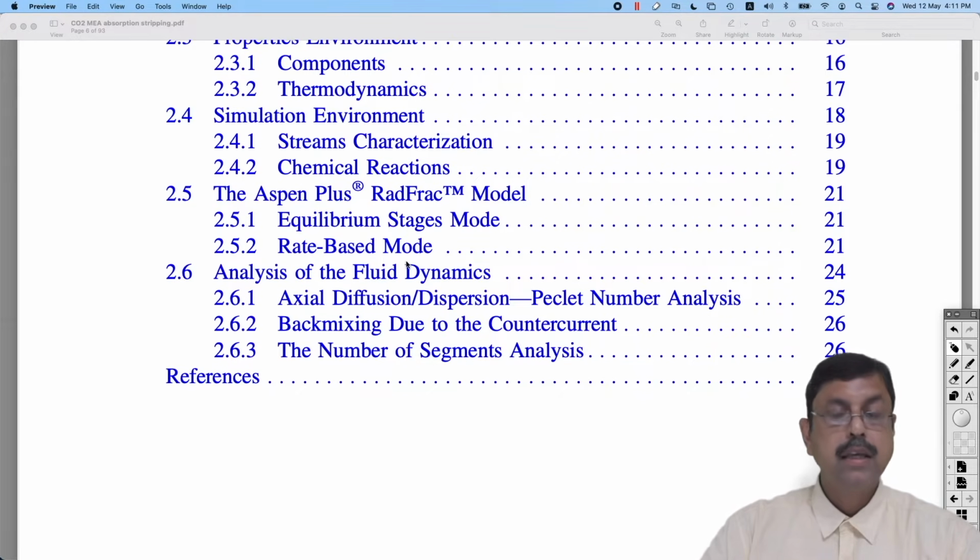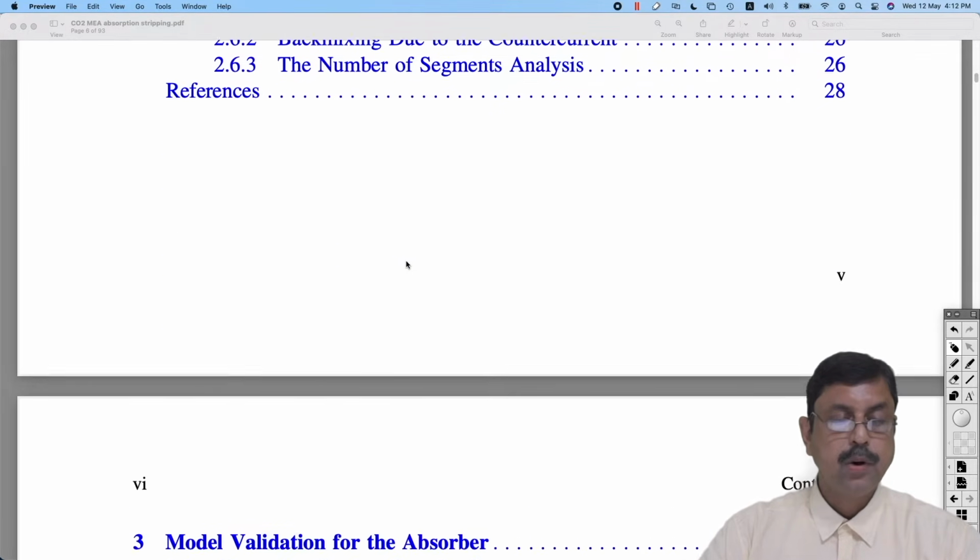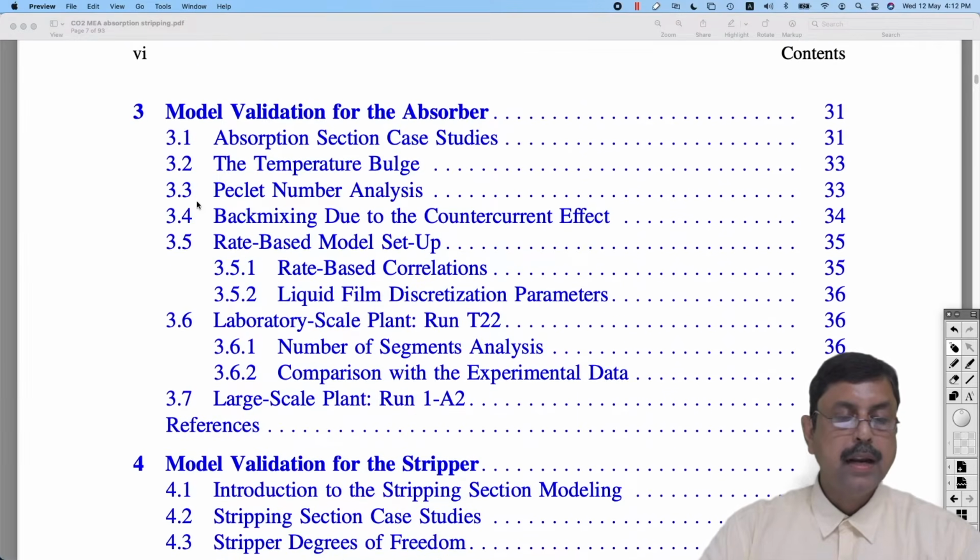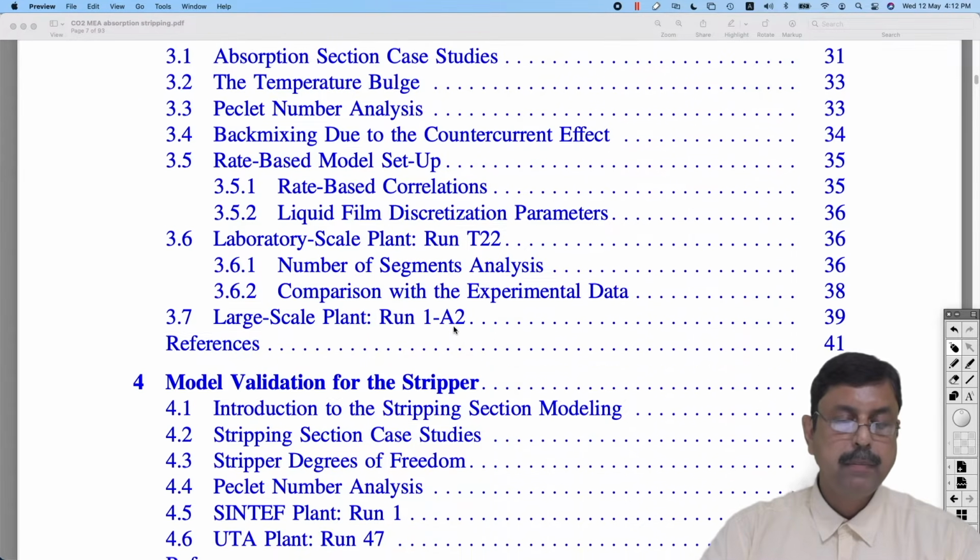They will give the information about how the rate-based simulation environment will be designed and so on. And the third chapter will talk about the model validation for the absorber, the rate-based correlations, liquid film discretization parameters, all of them will be done.